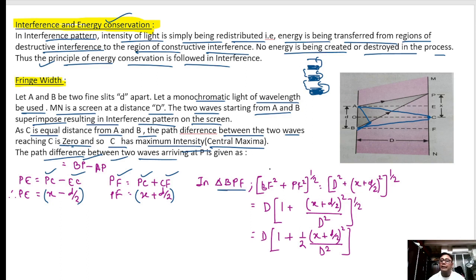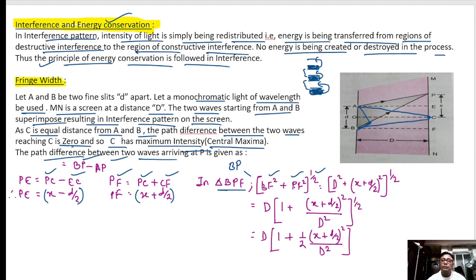We can write BP squared is BF squared plus PF squared, square root over. This is actually what we are finding, BP.